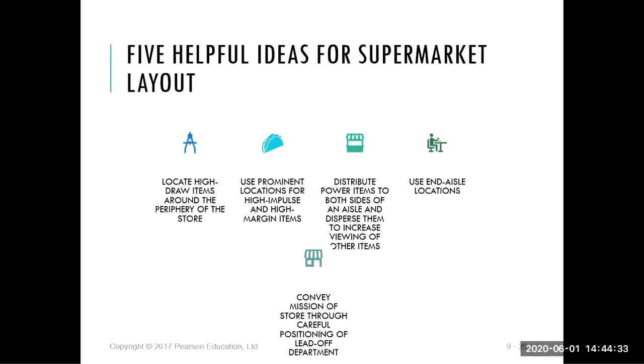If you go to the Aeon Big in Alamanda, they also put it near the entrance. The volume is low, but the marginal profit is quite high compared to others, compared to dry products and food products, where the profit margin is quite low.